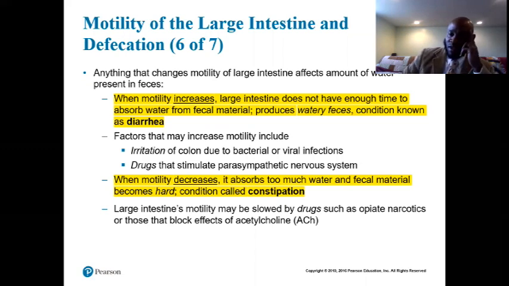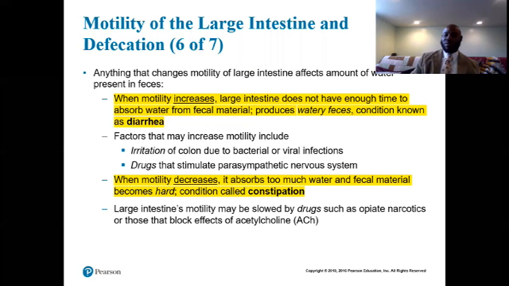But if too much fluid gets absorbed from that fecal matter because it moves too slowly through your large intestine, then we get what we call constipation. It becomes hard and difficult for it to pass through your descending colon, sigmoid colon, rectum, and anus, and it can actually become painful.